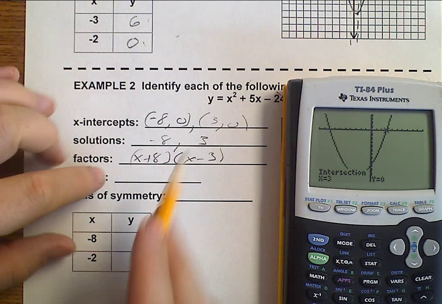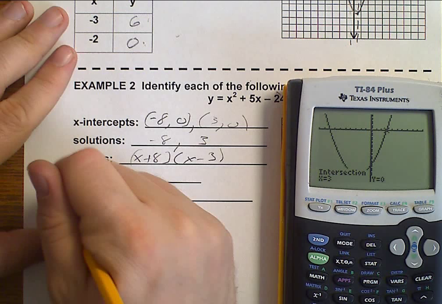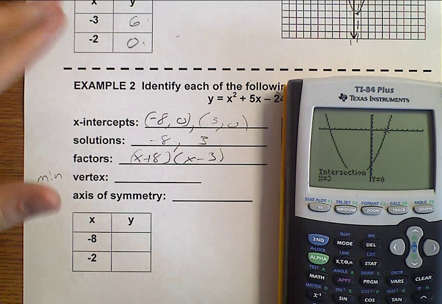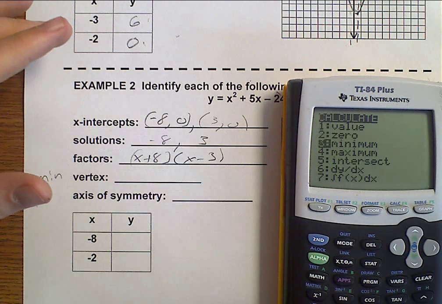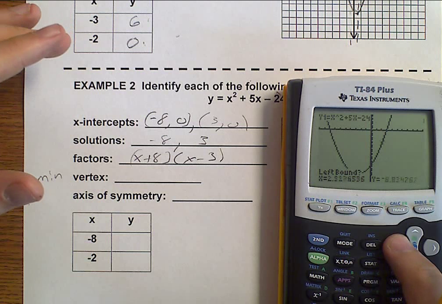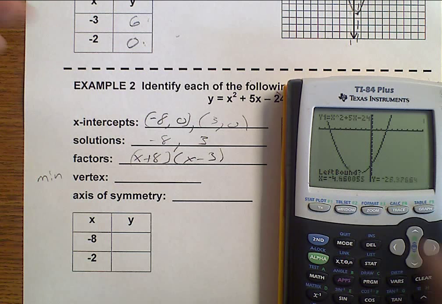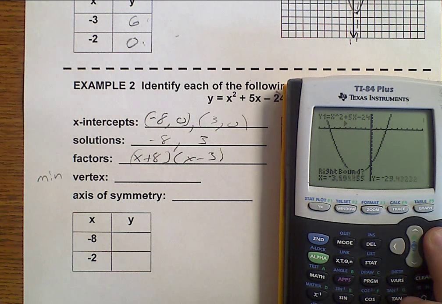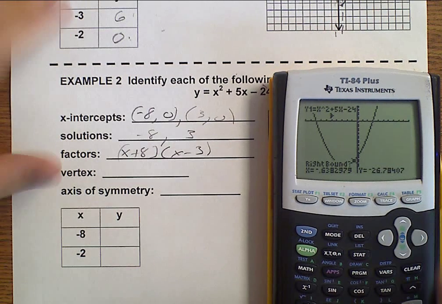My vertex, again, this is another minimum because it's opening down. So second, calculate the minimum. We need a left bound. Make sure I'm left of the vertex. We need a right bound. Make sure that I am right of the vertex.